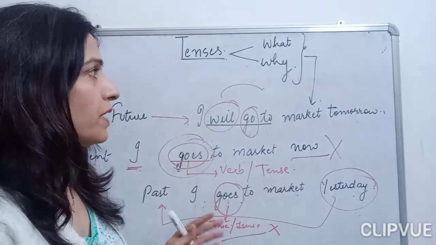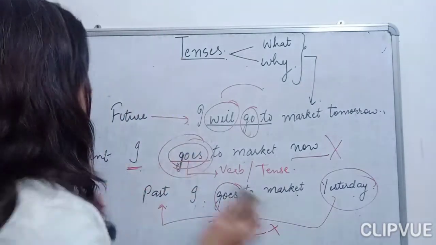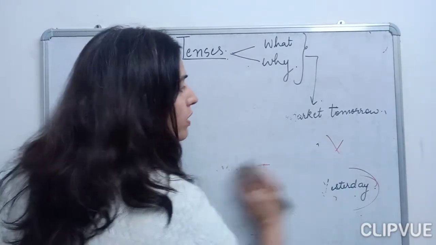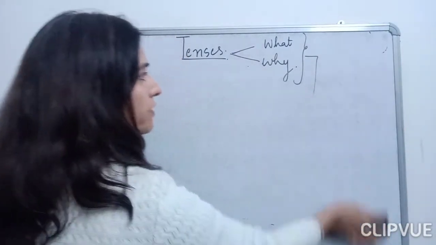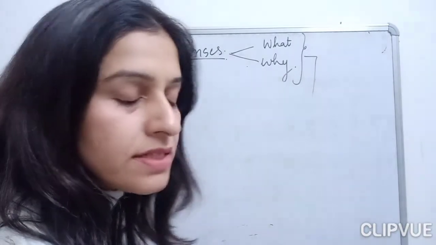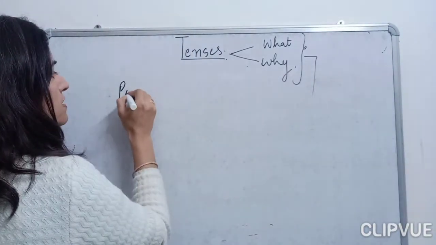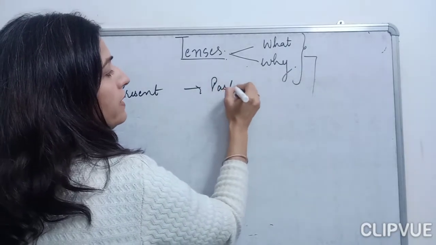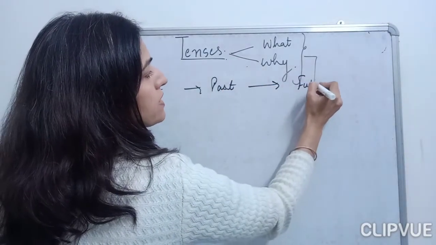Okay, now let's begin. You all must have studied in your school that tenses are broadly divided into three categories: the present tense, then the past tense, and then the future tense.